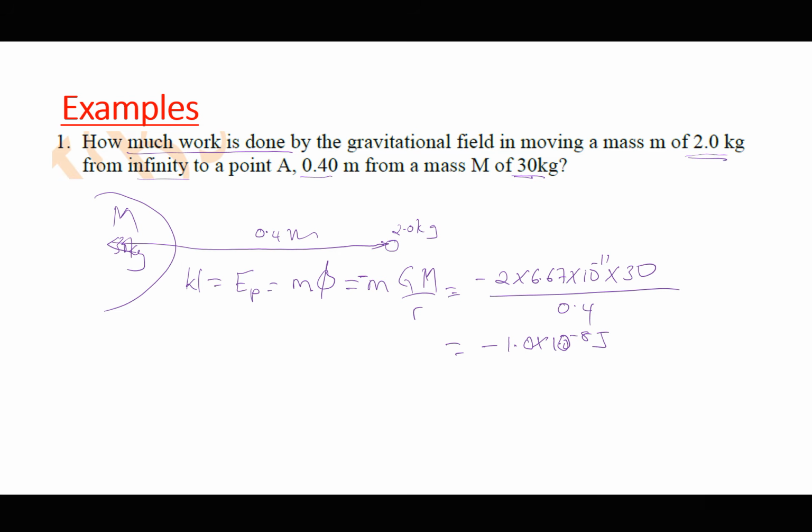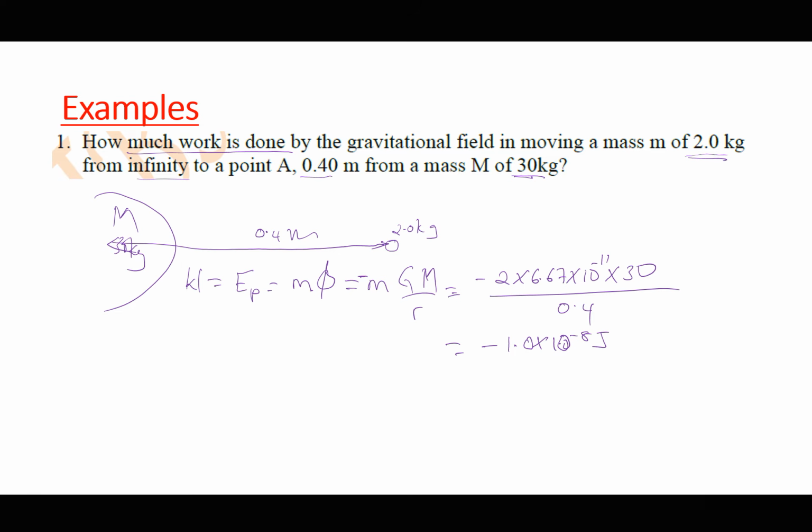So it means this is the work which would be done by an external force, and this work is negative. So the work done by the field is positive. That means the work done by the field will be actually positive if the work done by an external force is negative.